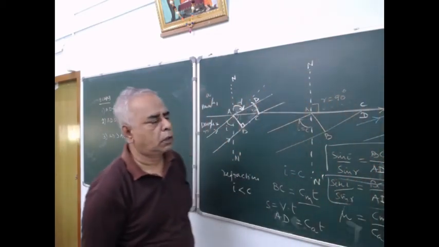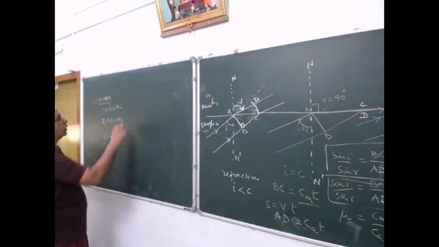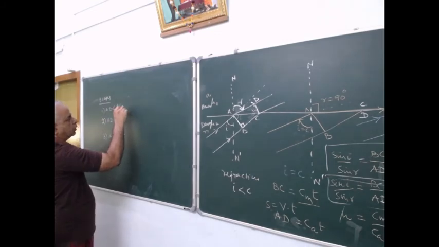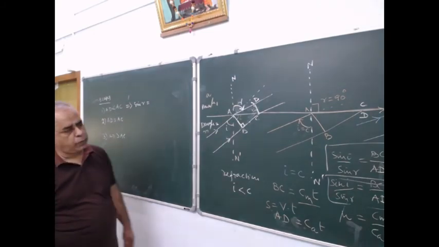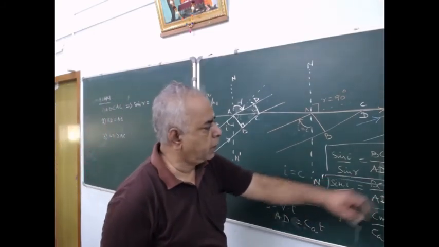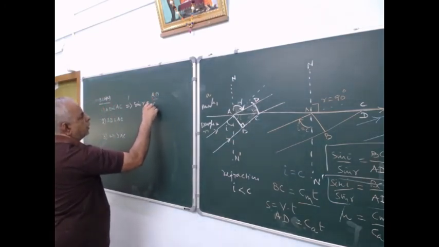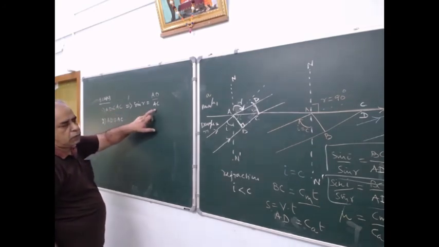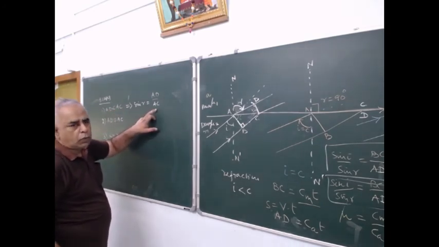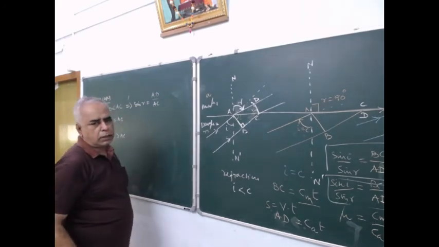Now, in the first case, listen carefully. What is sin R? Sin R is nothing but AD by AC. In this case, AD is less than AC, and therefore the angle of refraction is less than 90 degrees.